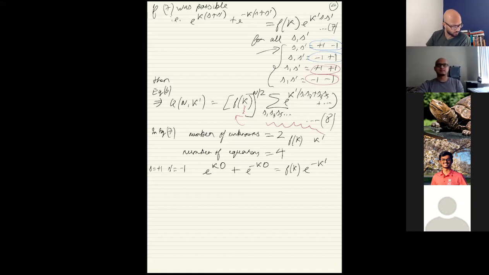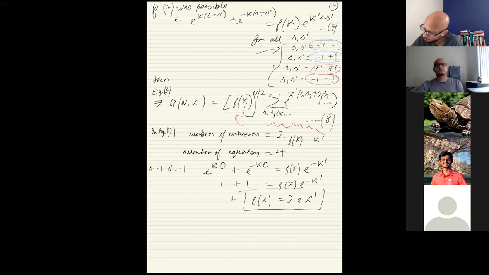What did we just show? 1 plus 1 is equal to f of k e to the power minus k prime, or f of k is equal to 2 e to the power k prime. So if we knew k prime, we could solve for f of k. So we got one answer.